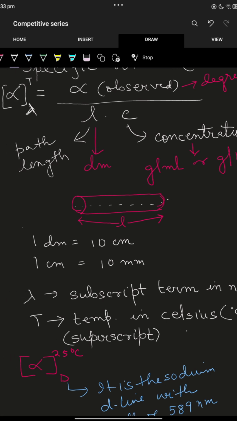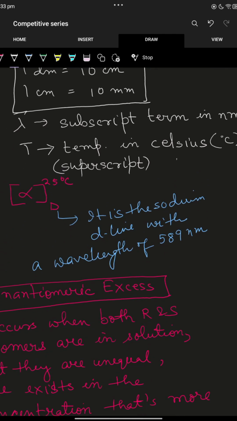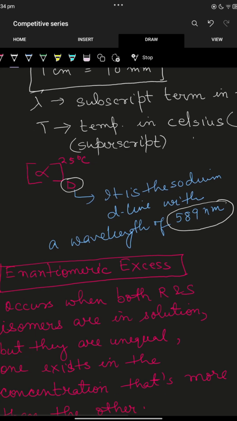Now you need these unit conversions to solve numericals, where 1 decimeter is equal to 10 centimeter, 1 centimeter is equal to 10 millimeter. Now next we can see that at times the subscript is denoted by capital D also. That is the sodium D line with a wavelength of 589 nanometer.